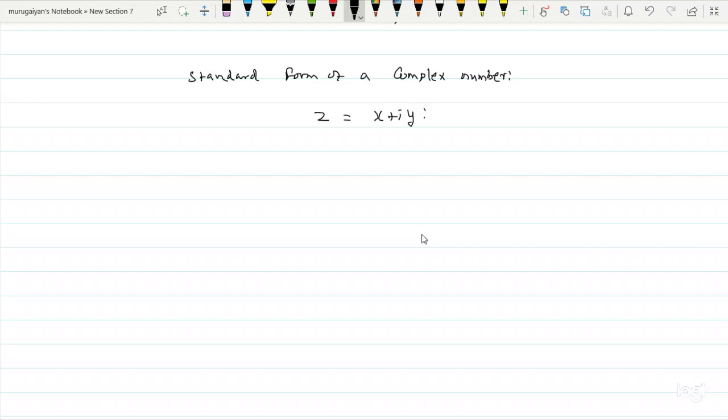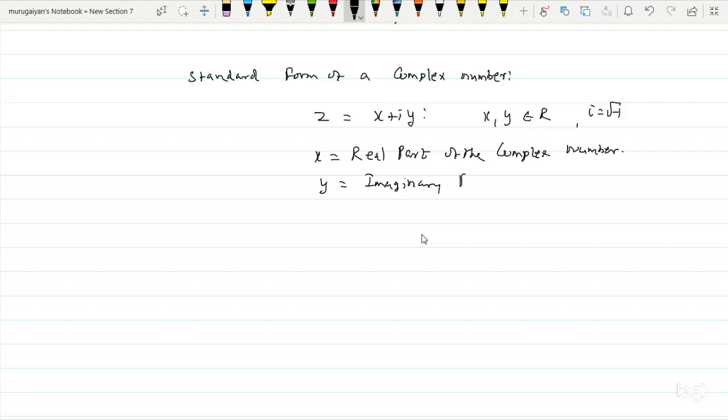One important point you have to remember: here x and y are real numbers, and i is iota, the imaginary unit, the fundamental unit. We say x is the real part of the complex number, and y is said to be the imaginary part of the complex number.